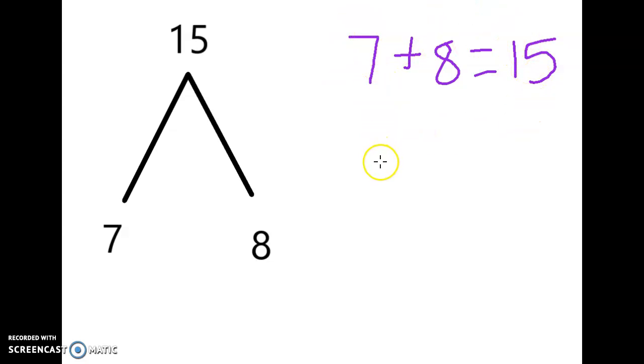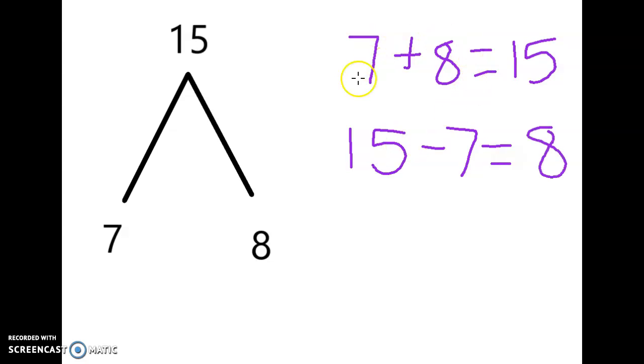We can check this by doing subtraction too. 15 minus 7 equals 8. Now you know that you can do a lot more than just 2, but I'm doing 2 for right now. So if we did 7 plus 8, these two together, we're going to get 15. If we did 15 minus 7, you're going to get 8.